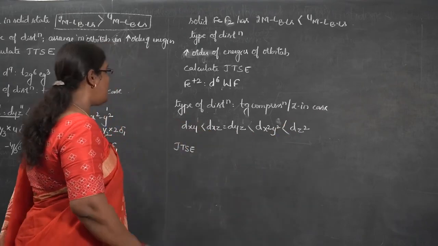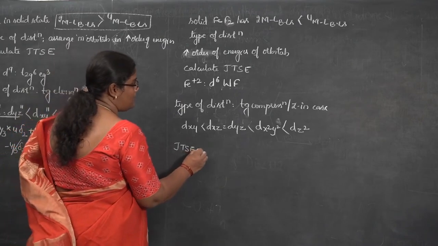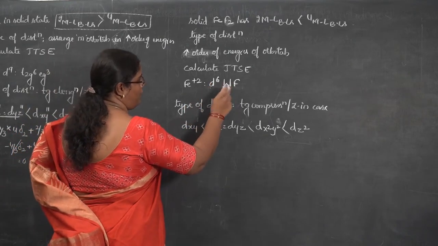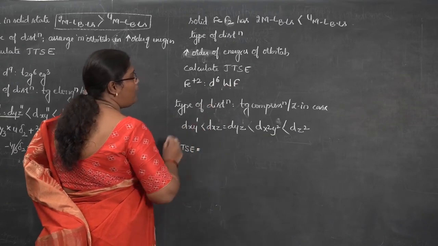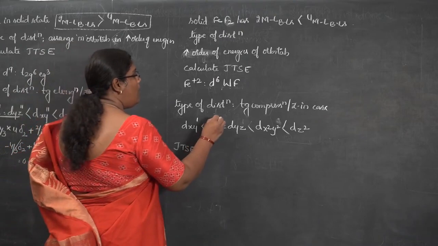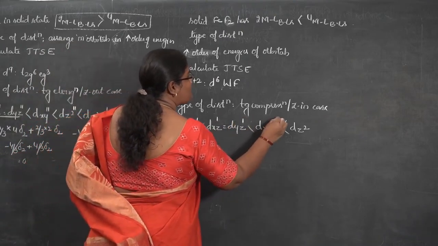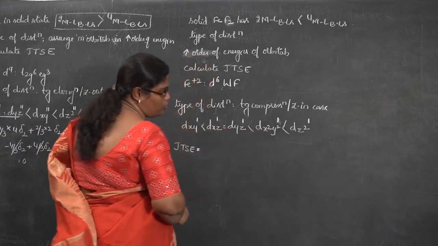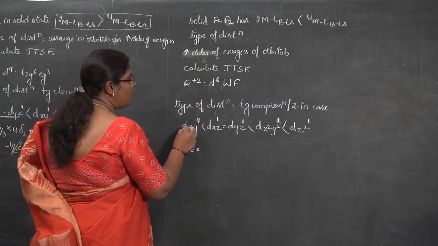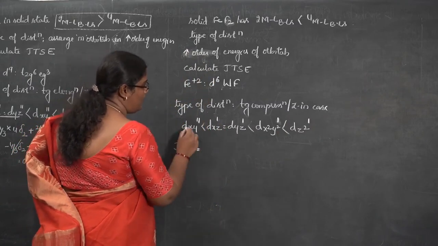And you should calculate the Jahn-Teller stabilization energy. Fe plus 2 is d6 weak field. So write the configuration for d6 system. Since it is weak field, all the orbitals must be half filled with electrons, 5 and then 6.